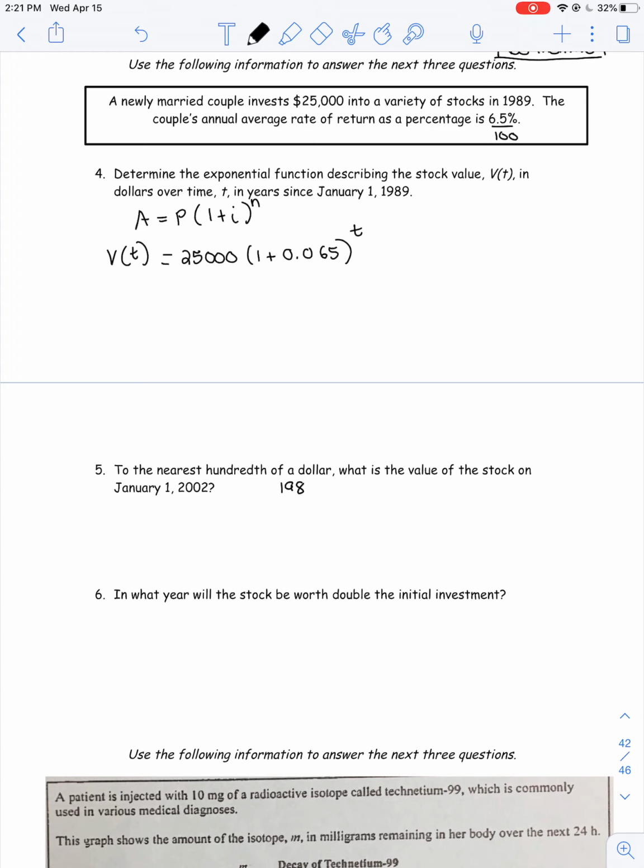So we're going to have to go 1989 subtracted from 2002, and that's going to give us 13 years. So we now know that we're solving for V of t is equal to our present value, 25,000, 1.065 when we add the two numbers together, to the power of 13. So we're going to put that into our calculator.